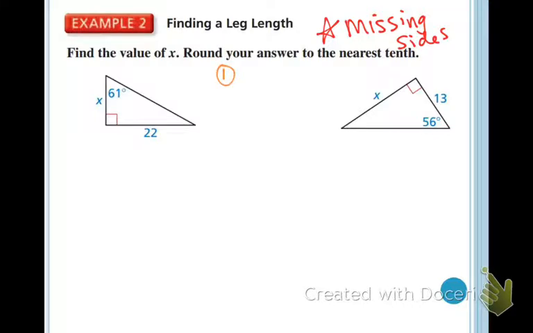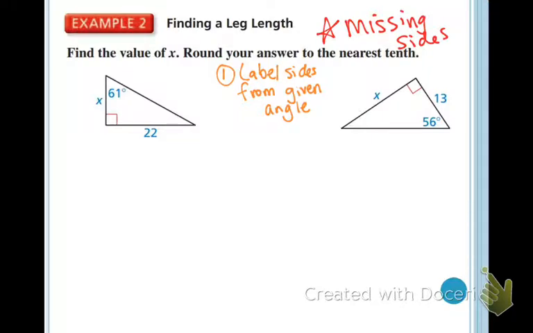So the first thing that we're going to do is label the sides from the given angle. So the given angle is the angle they gave us.